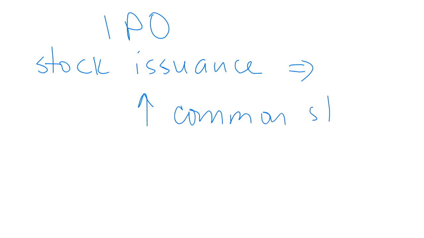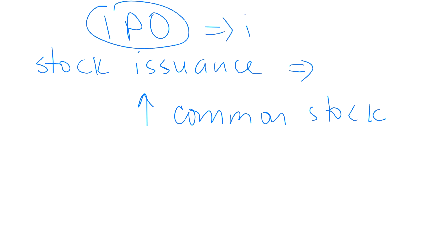So the company can have an IPO, which is the initial, or they can have subsequent stock issuances and add to their common stock. But common stock is only increased by stock issuances. Does that make sense? Yes, ma'am. Okay, good. Great.